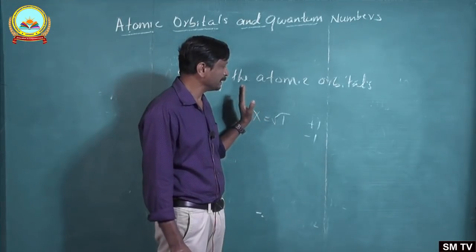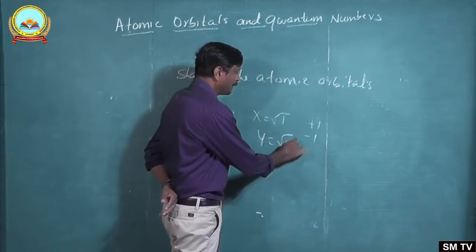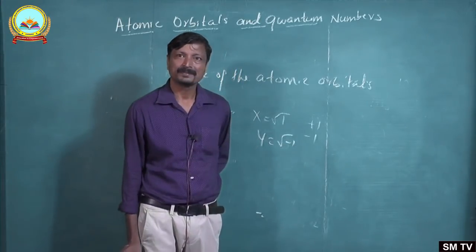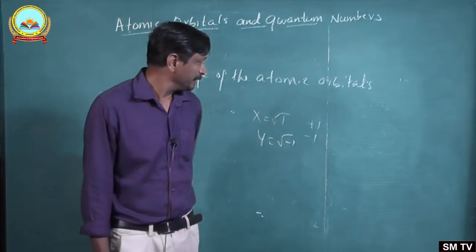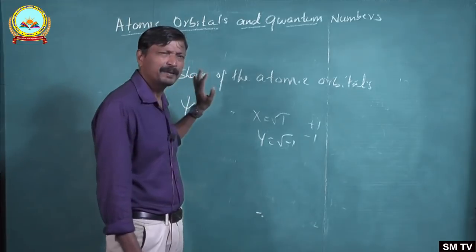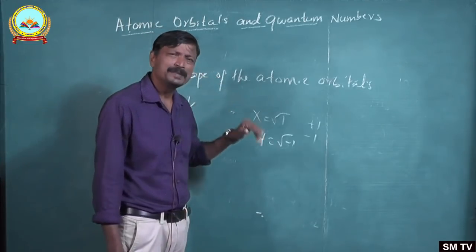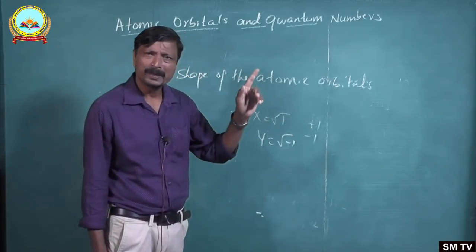It's a real number. Suppose y is a function of the square root of minus 1, it is not a real number. So it is like that. This psi is also a mathematical function. It has no physical meaning. What is the physical meaning of the square root of minus 1? What is your answer?